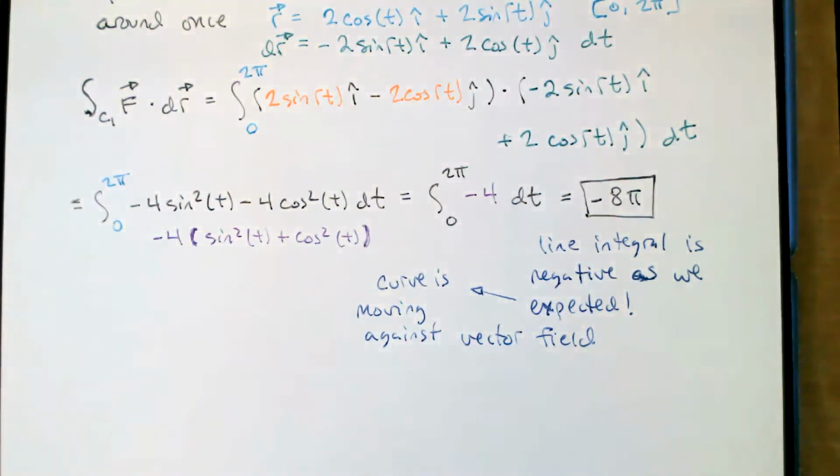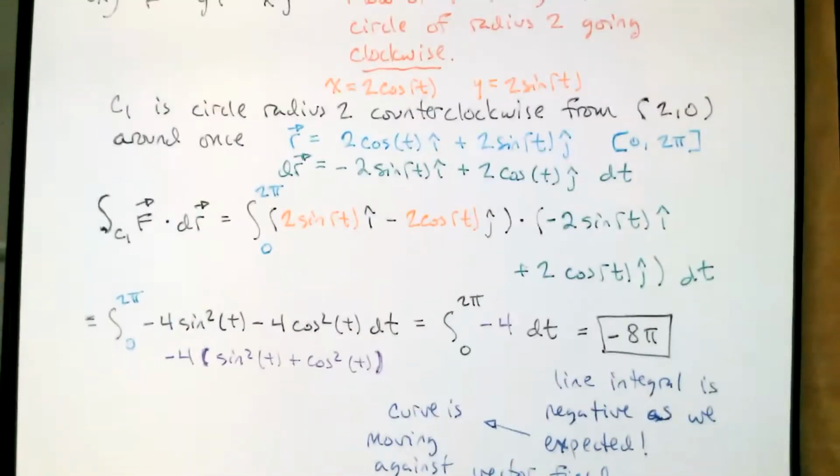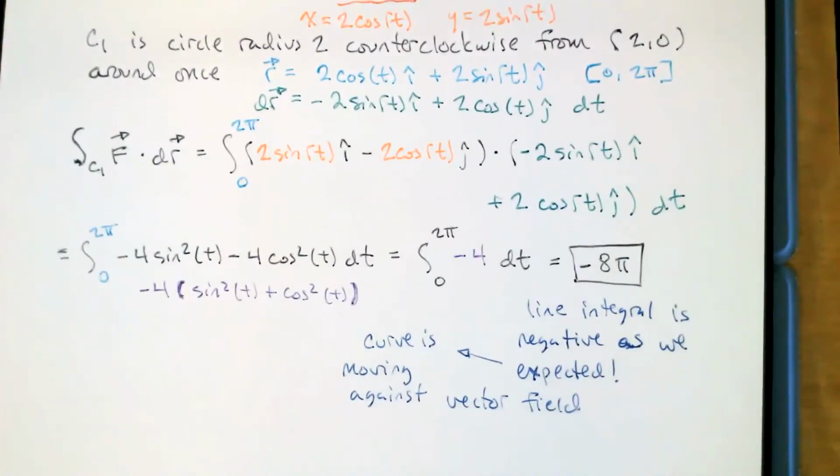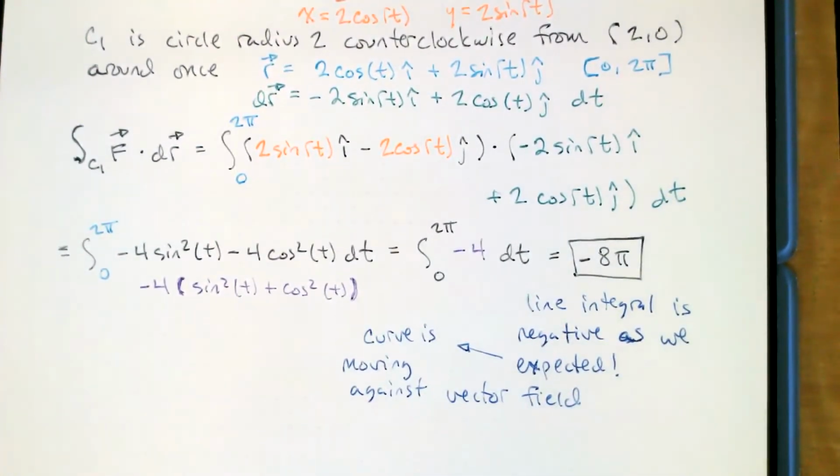If we change the direction of the curve, so C1 was a circle of radius 2 going counterclockwise starting at the point 2, 0. What if C2 is a circle of radius 2 but going clockwise, going in the same direction as the vector field?